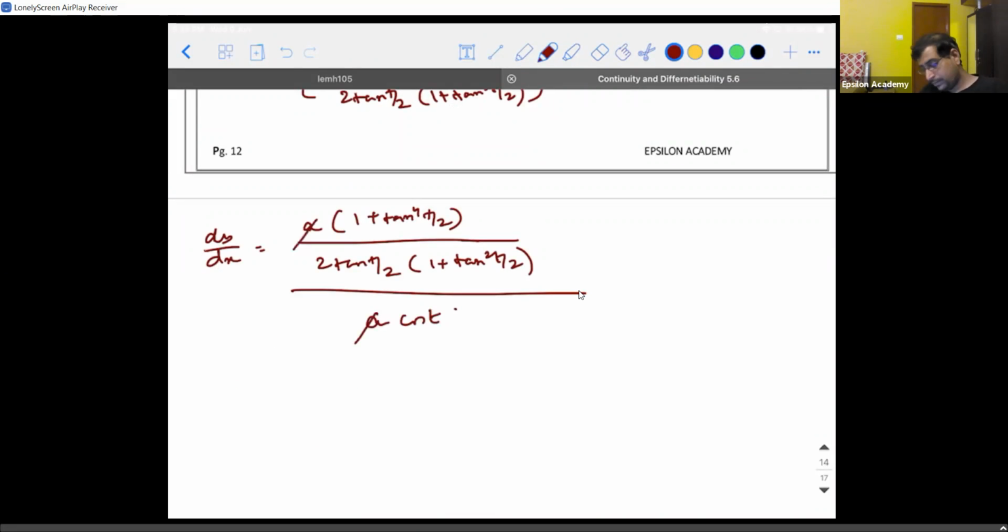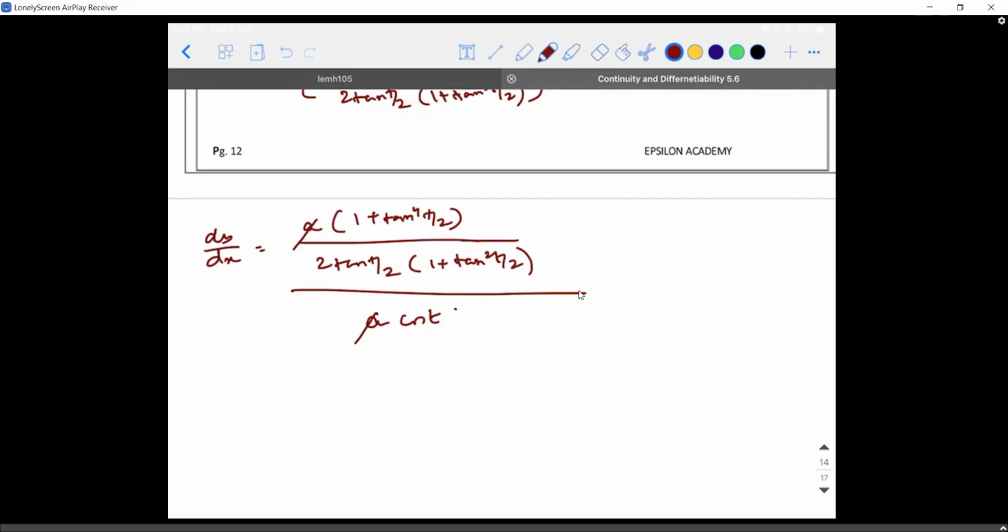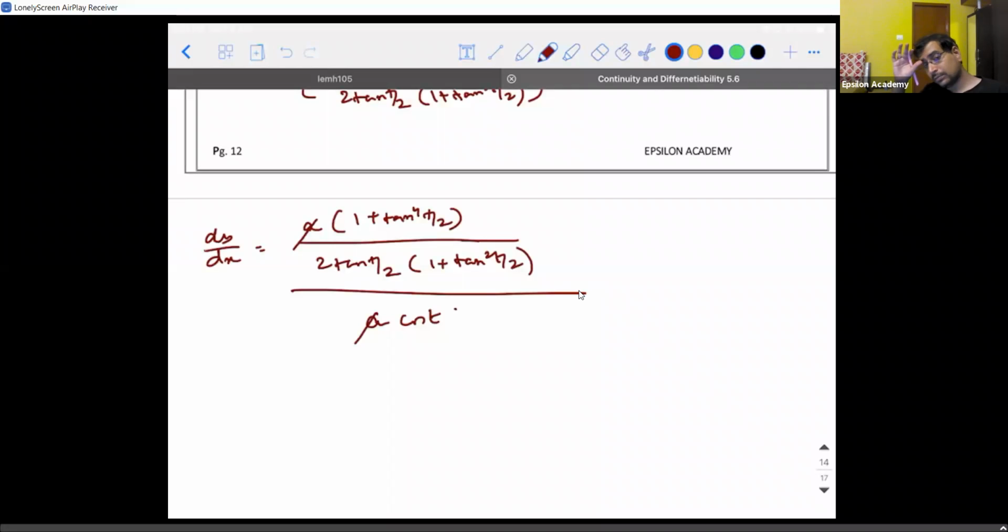A and a will get cancelled. Can someone check what is the answer? See, this is also right only, but sometimes they would have given a simplified version. So the final answer is tan t, sir. It is only tan t here. Yes, sir.